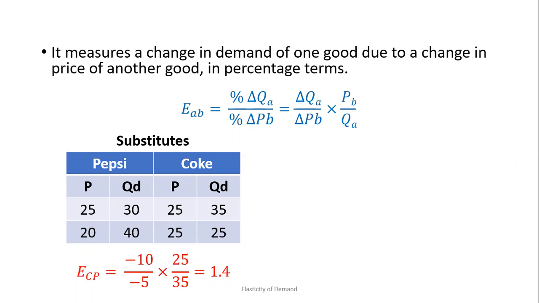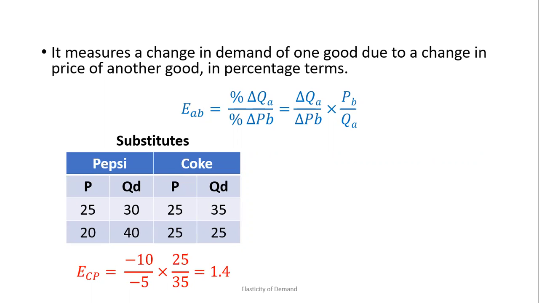Here, Pepsi dropped its prices from 25 to 20, whereas Coke kept its prices the same. So many consumers who were consuming Coke now shifted to Pepsi.